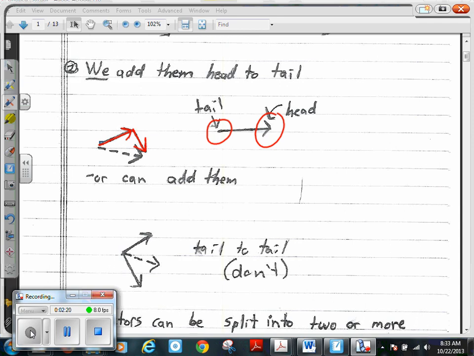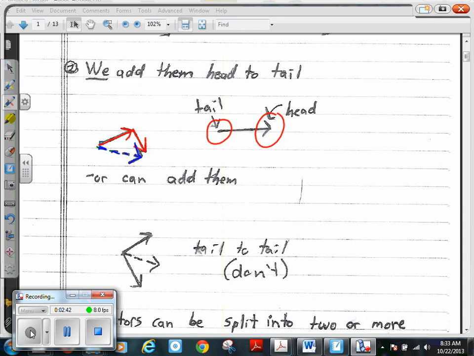Now, kids get screwed up because they think the resultant of the addition, or the added vectors, is also head to tail. But as you can see here, when you finally draw the resultant of the vectors that you added, you don't do that head to tail.